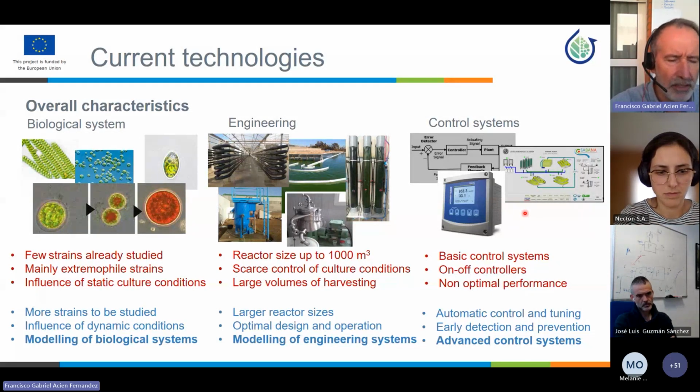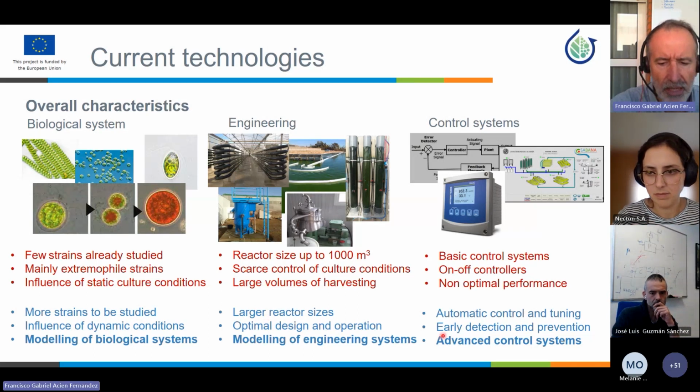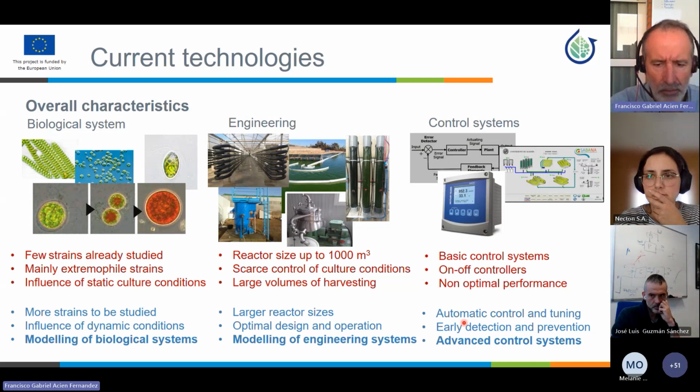These overall characteristics also allow us to identify the major challenges to be solved for further development of this type of technologies, especially to focus on the optimization of the biological system. Also, we need to optimize the knowledge and the technology for modern engineering systems, and especially we need to invest more effort in the development of advanced control systems that allow a more robust and stable operation of this type of facilities.